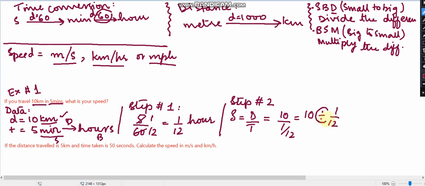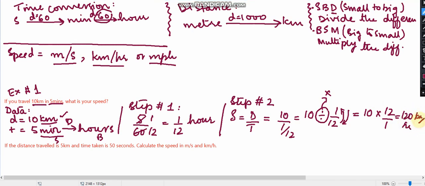Now, in order to change the sign into multiplication, I will reverse the places, or you can say we will reciprocate the places of 12 and 1. So it will become 10 multiplied by 12 by 1. So your answer comes 120 kilometers per hour.